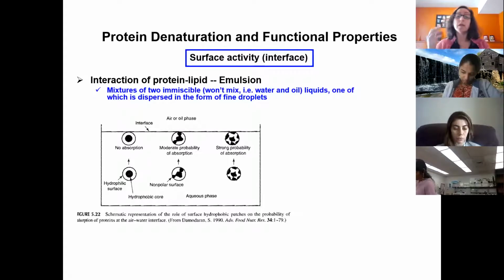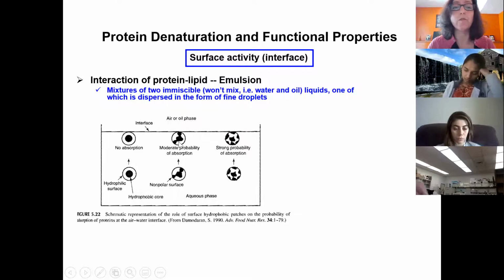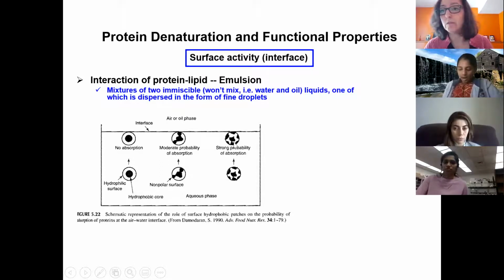So there are characteristics of the protein that help formation of a stable dispersed system. If you have a very hydrophilic protein, it's really not going to go to the interface, especially on the surface. If you have a very hydrophilic protein on the surface and very low in hydrophobicity in general, this is not going to adsorb at the interface. The more balance you have, so let's look at this one that looks like a soccer ball.